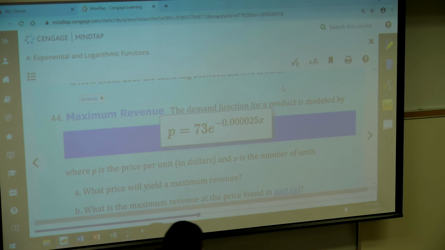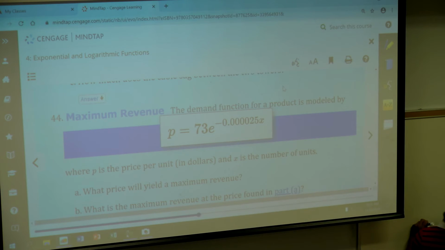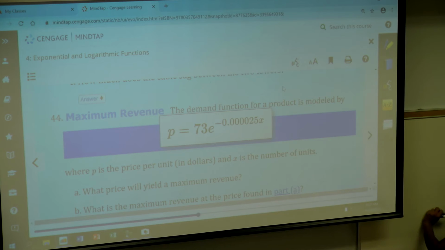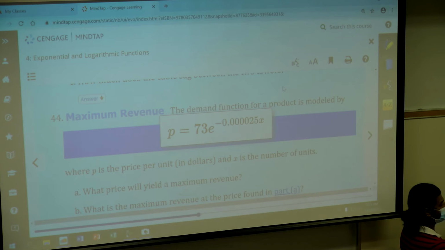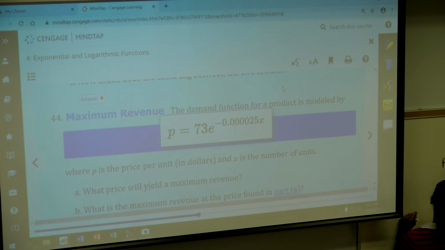So p is the price function, and it is a function of x. What is x? x is the number of units that you sell, or the number of units that are on demand, and p is simply the price function.